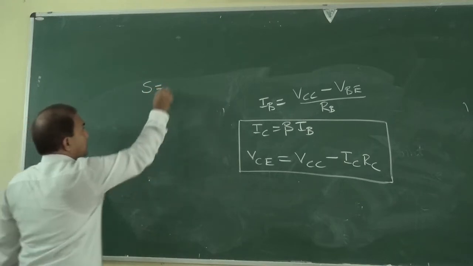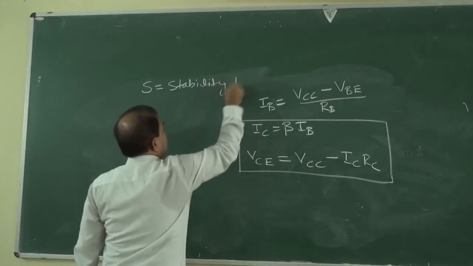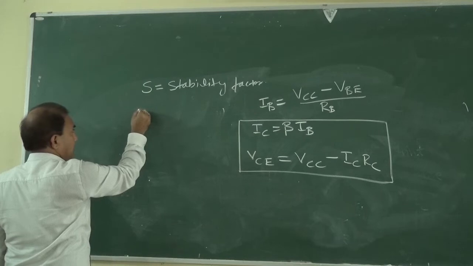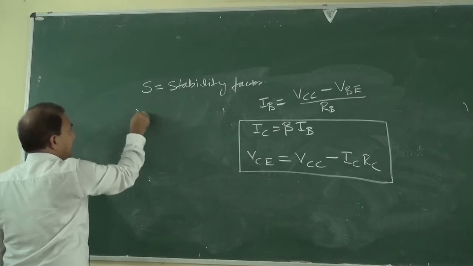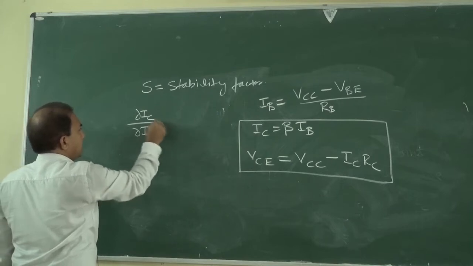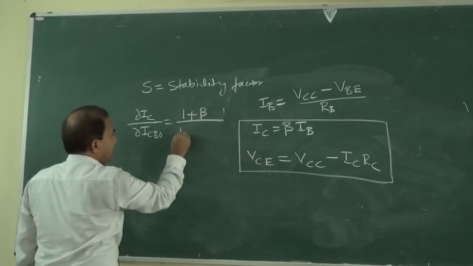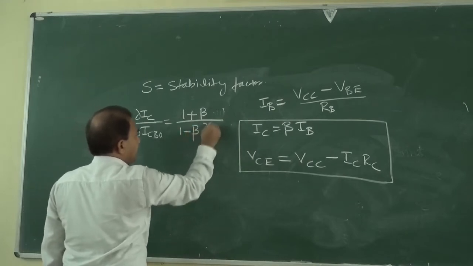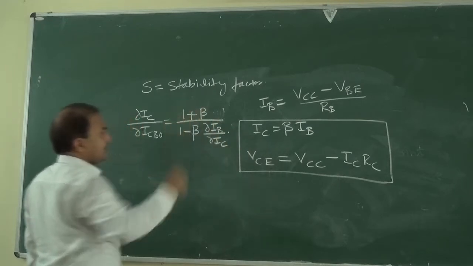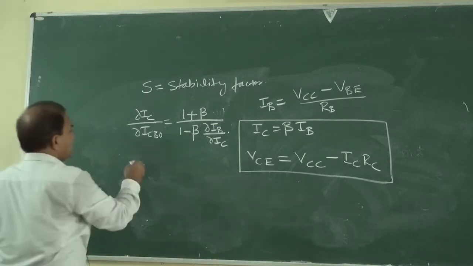S is equal to the stability factor. It is del IC divided by del ICBO.